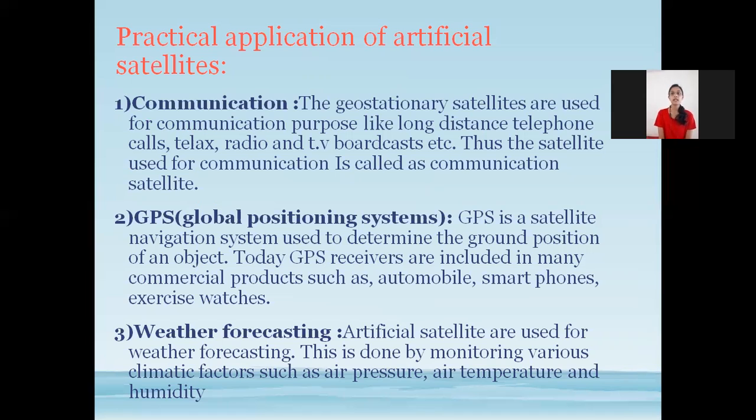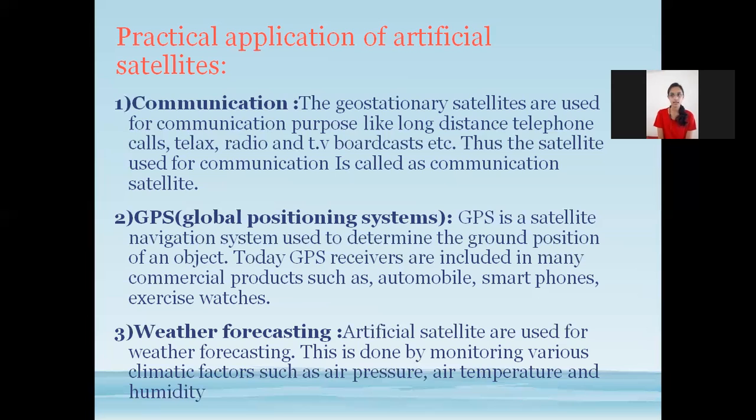Today, GPS receivers are included in many commercial products such as automobiles, smartphones, and exercise watches. We have seen Google Maps also. Google Maps is one kind of GPS which works with the help of artificial satellites.